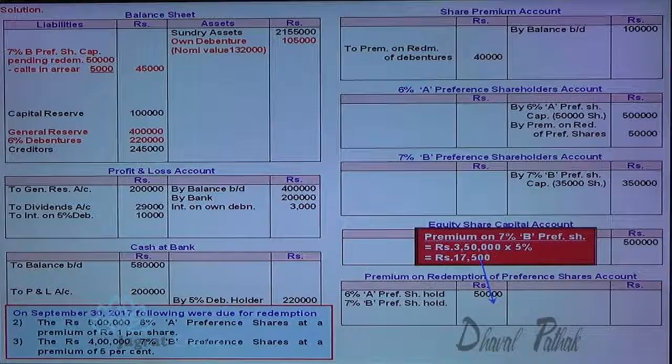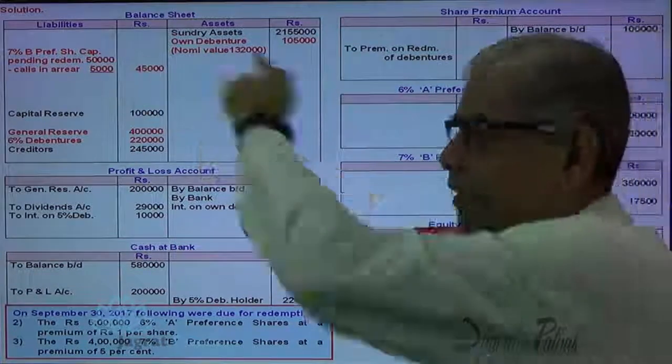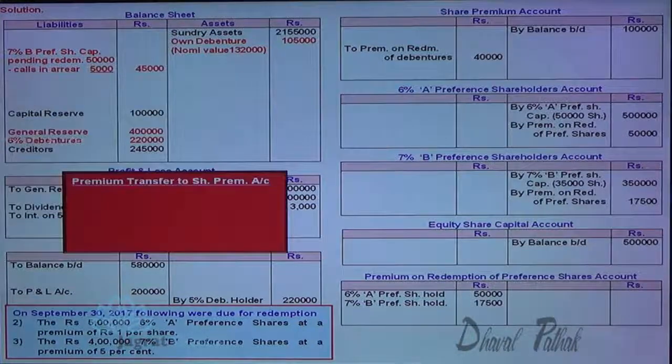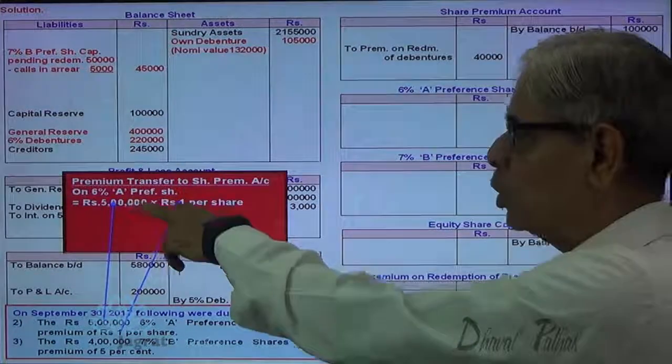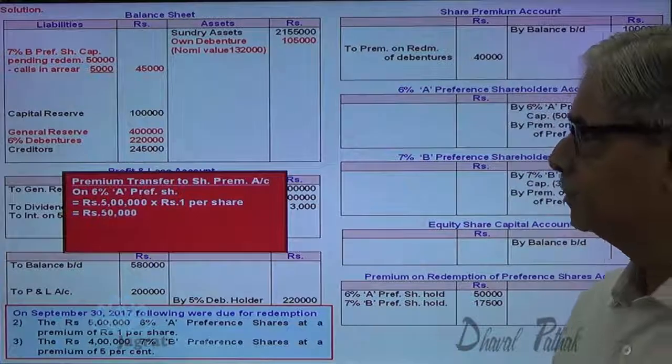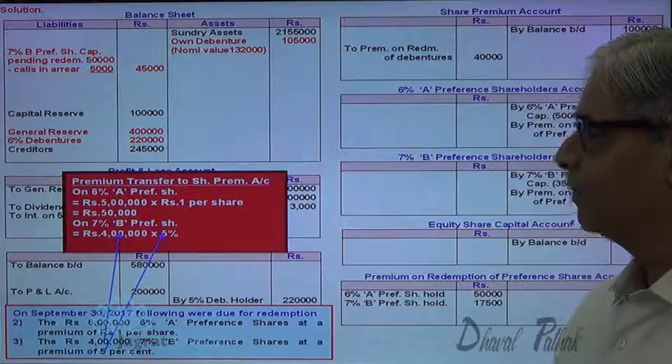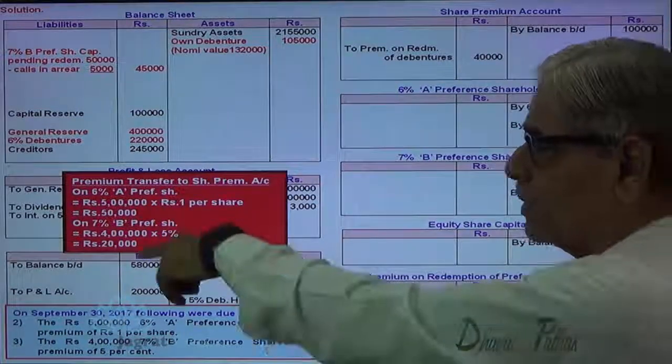So premium on redemption of preference shares account debit, preference shareholders account credit. And on this share also we are required to make provision. So this is a very important point. So 5 lakh into 1 is 50,000, and 4 lakh into 5%, this is the redemption premium, 70,000.